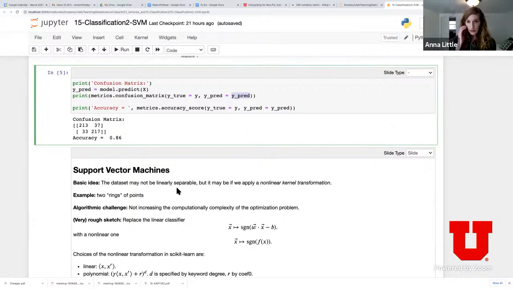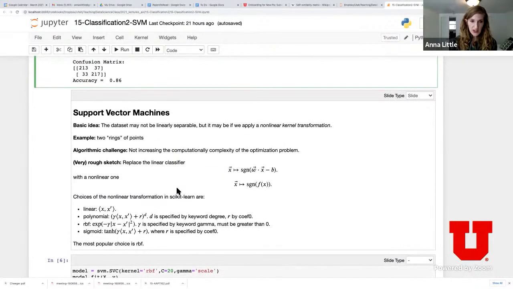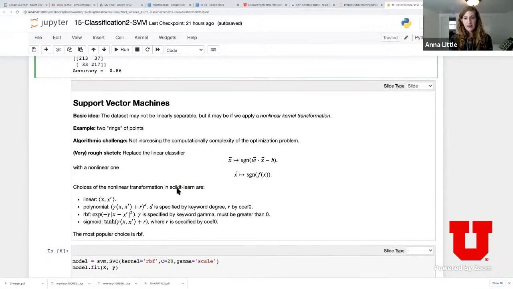But before we go into choosing C and the cross-validation stuff, there's another aspect that I want to discuss first, and that was the fact that what we did so far on the moons was with a linear kernel. So this was a case of linear SVM, which is what I presented at the beginning of class.